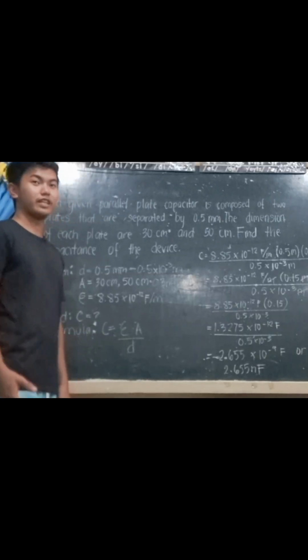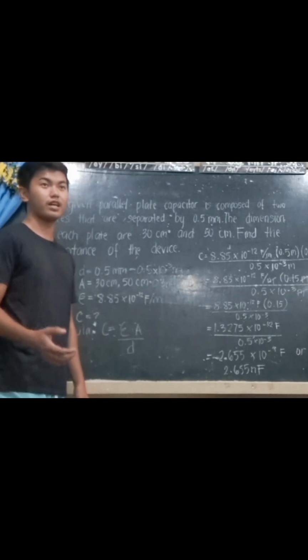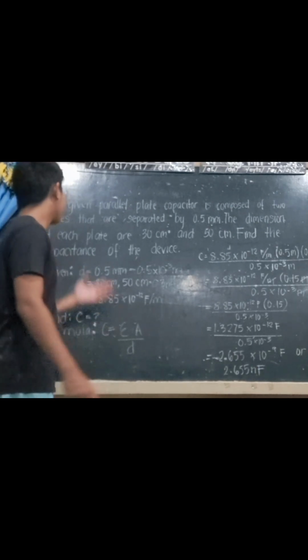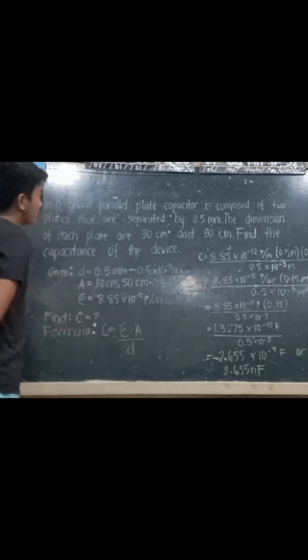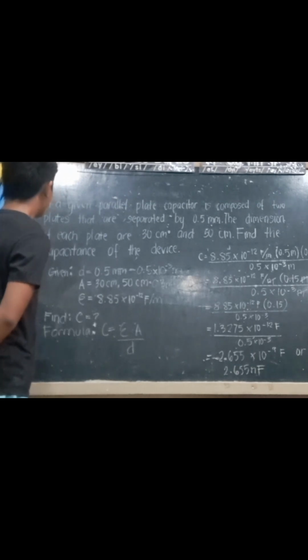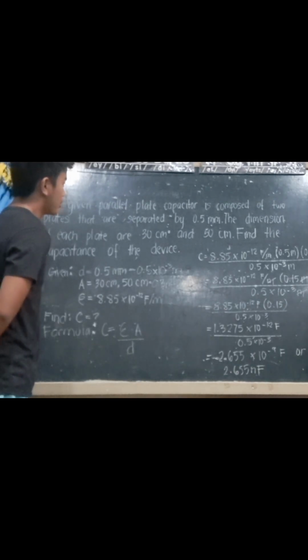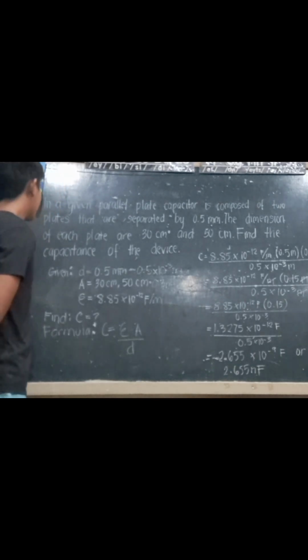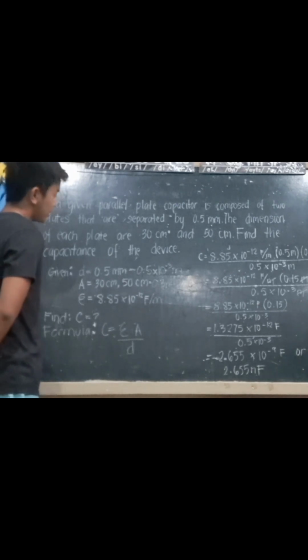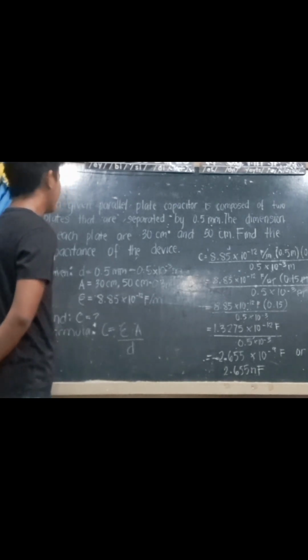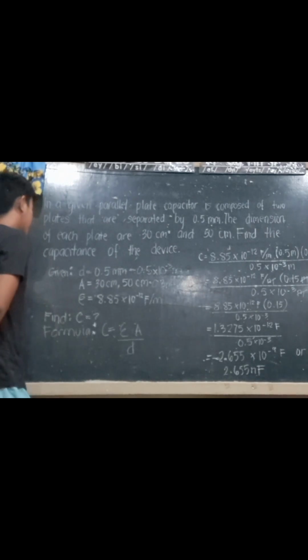To understand the nature of the capacitance of the parallel plate capacitor, here's an example. A given parallel plate capacitor is composed of two plates that are separated by 0.5 millimeters. The dimensions of each plate are 30 centimeters and 50 centimeters. Find the capacitance of the device.